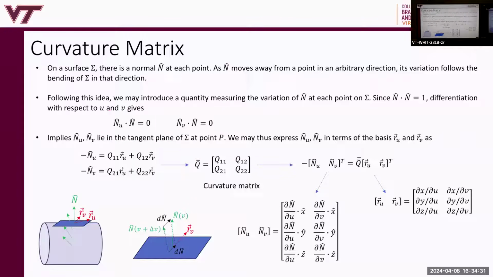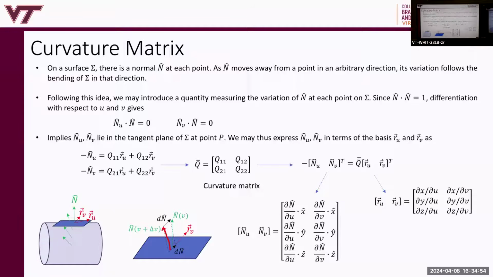So what does that look like? If I have n at the point, in the tangent plane, and then I move away a slight distance in the v direction, then I'll get a new vector, which is n of v plus delta v.